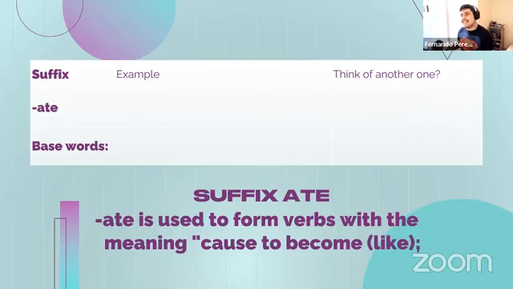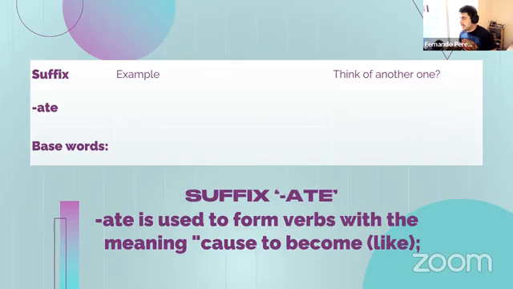Usually, the verb in -ate is a regular verb. Do you know the characteristic of regular verbs? Yes, they end with -ed. Very good. So usually the suffix -ate gives you regular verbs.